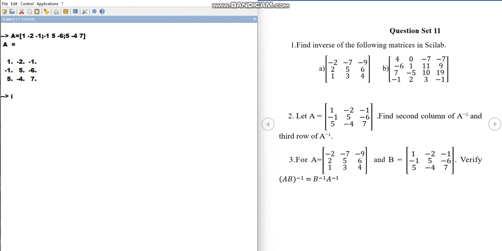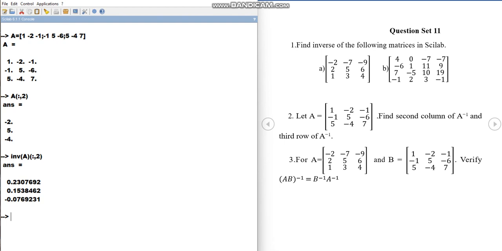Now if you want to find the second column of A, for example, what was the command? First the colon and then the column number. So this is for A. If you want to do it for the inverse, you can write inv(A), and then in the next bracket you can write the second column, that means colon comma 2.